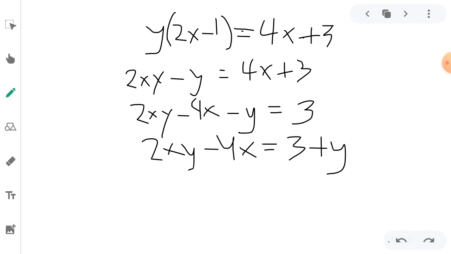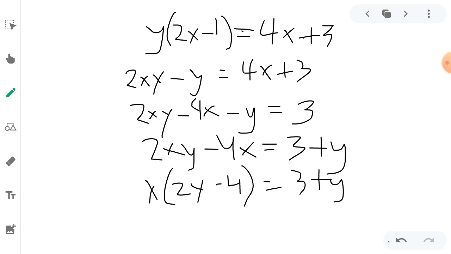Next step is we need to factor the 2xy minus 4x. So this will become x times 2y minus 4 is equal to 3 plus y. And then next step, para matira yung x natin dito sa left side, we need to divide both sides by 2y minus 4.